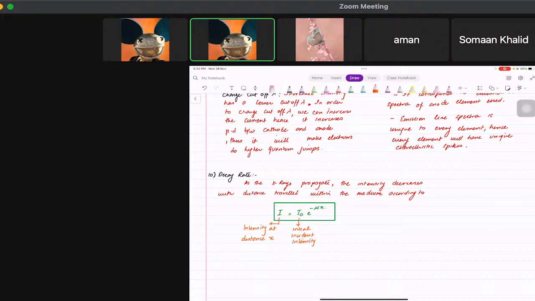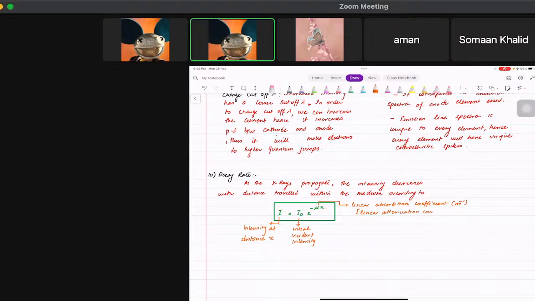and that mu you see is basically the linear absorption coefficient. The SI units for this are meter to the minus 1. Sometimes the examiner also calls it linear attenuation coefficient.